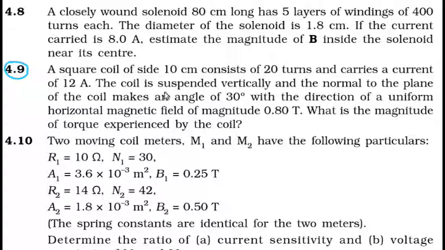The coil is suspended vertically and the normal to the plane of the coil makes an angle 30° with the direction of a uniform horizontal magnetic field of magnitude 0.8 T. What is the magnitude of the torque experienced by the coil? Let us see the solution.